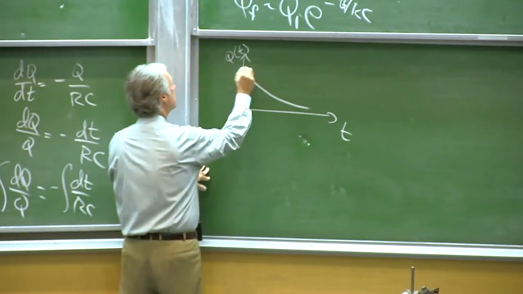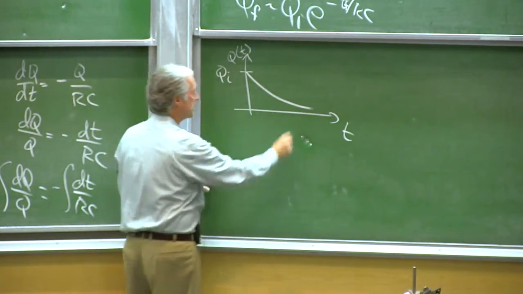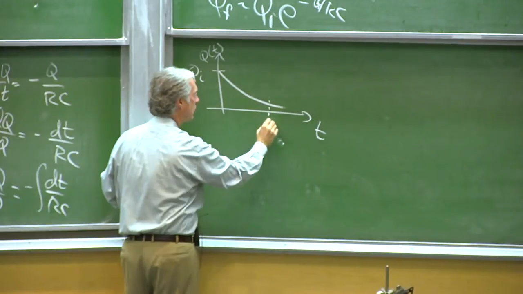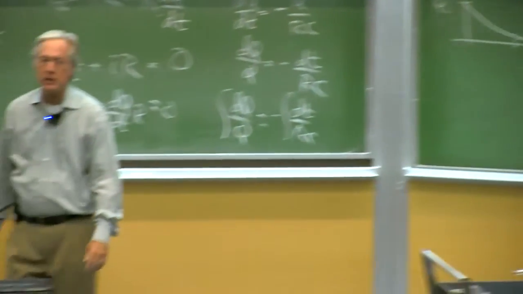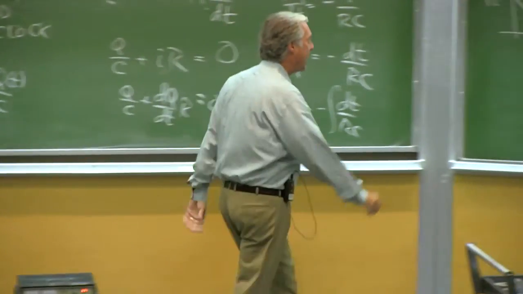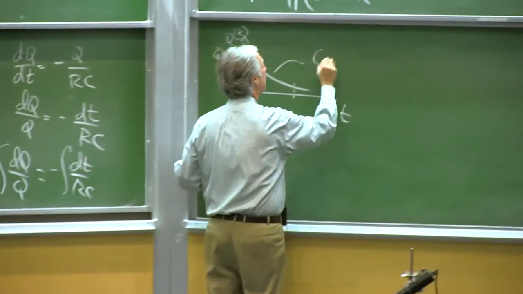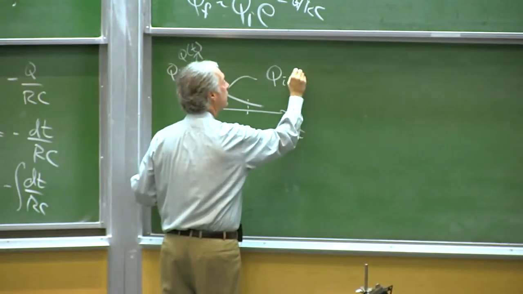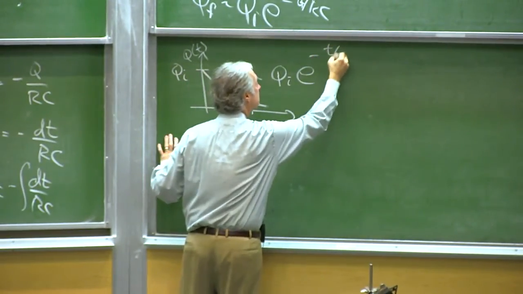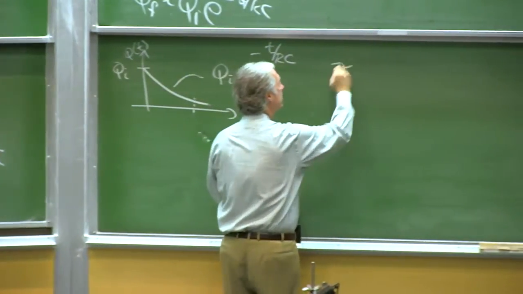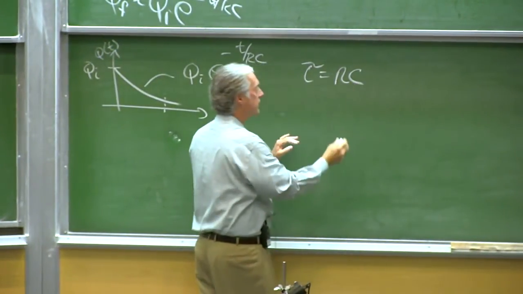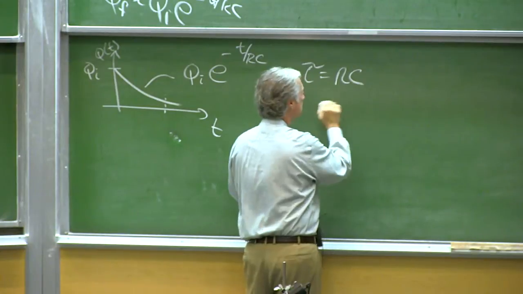And this is our initial. And then here's at some time wherever we want t final to be on that time scale. And it is diminishing as 1 over e. So tau equal to RC is called the RC time constant.